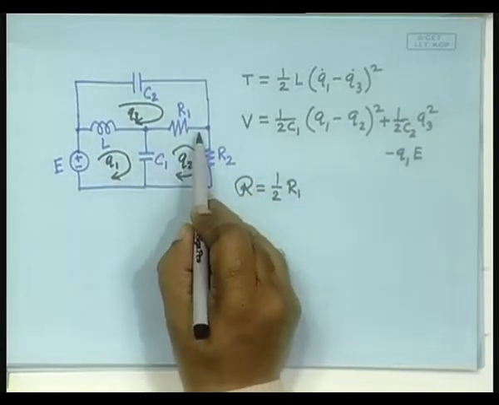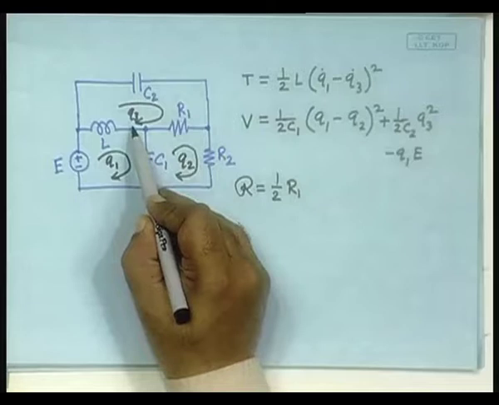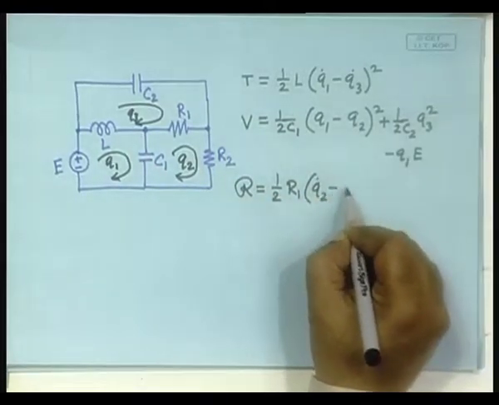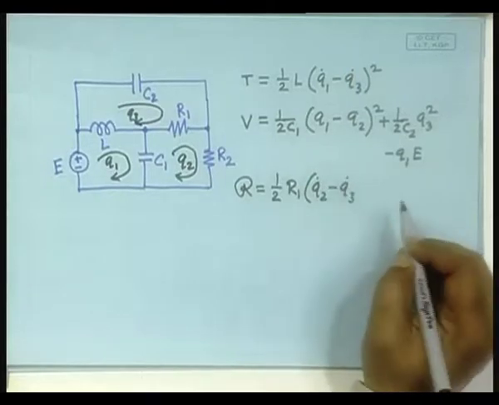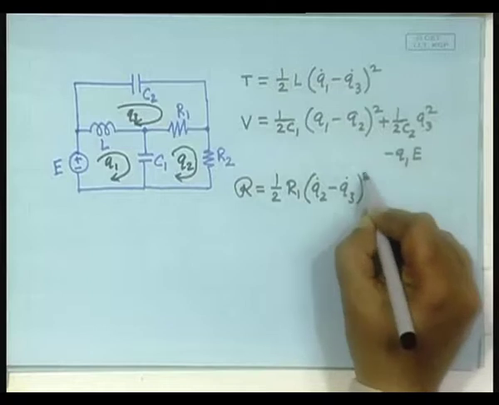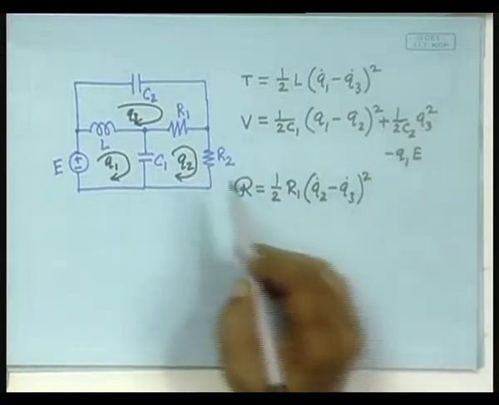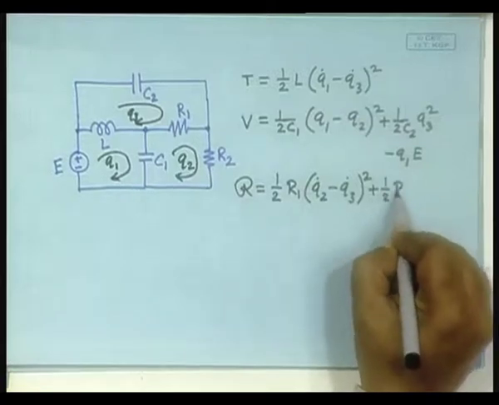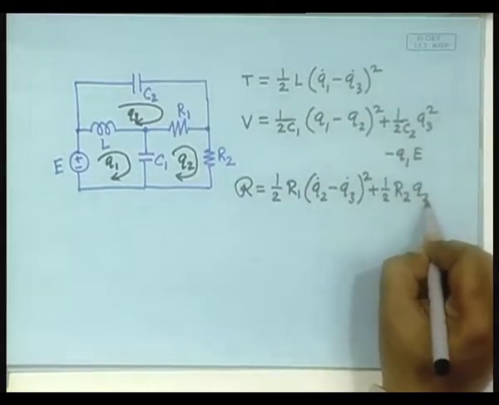Q2 dot is flowing this way and Q3 dot is flowing the opposite way. So, Q2 dot minus Q3 dot, square, and this one plus half R2 Q2 dot square.